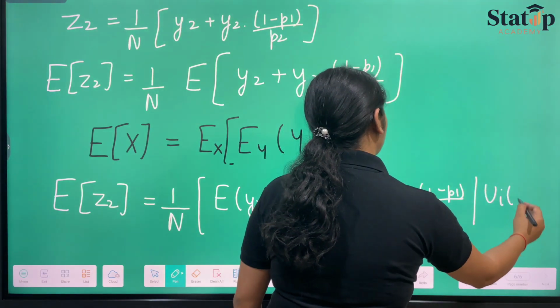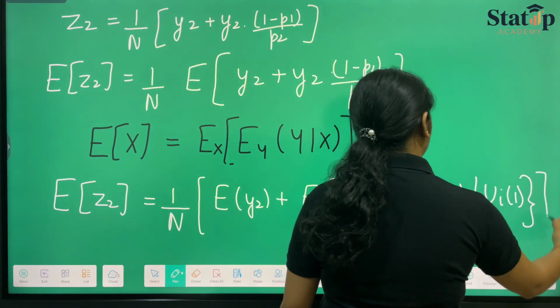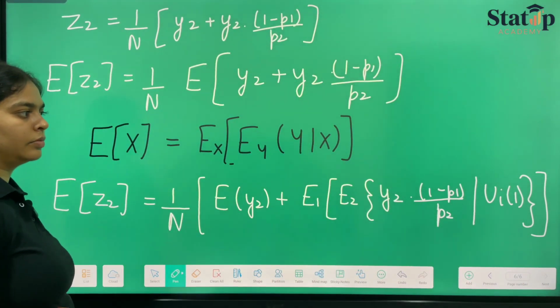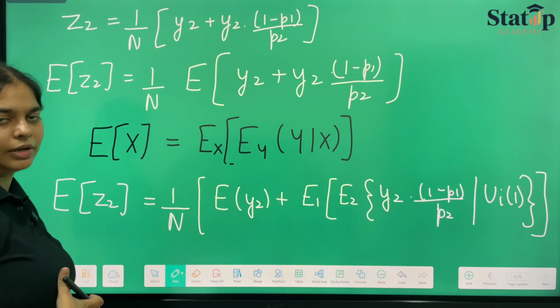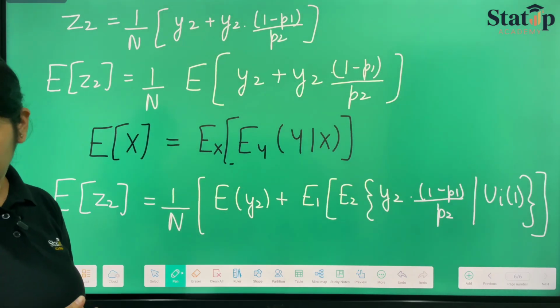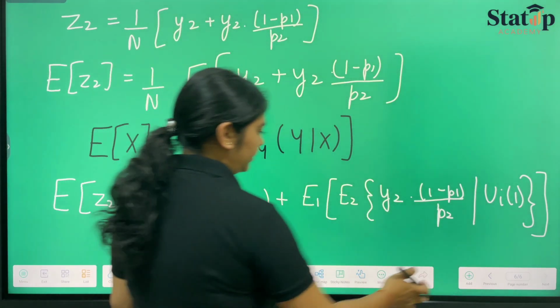Given that the first unit has already been selected in the first row, that first row has already taken place, and this is the probability of selection of the second row, where E2 is the conditional expectation after fixing the unit U1.